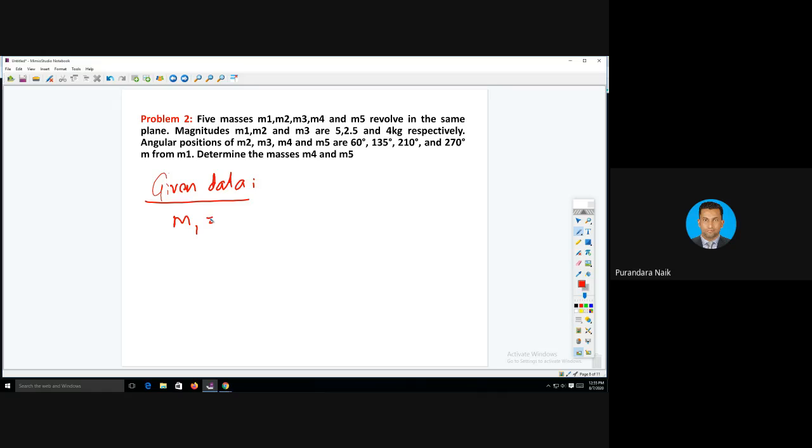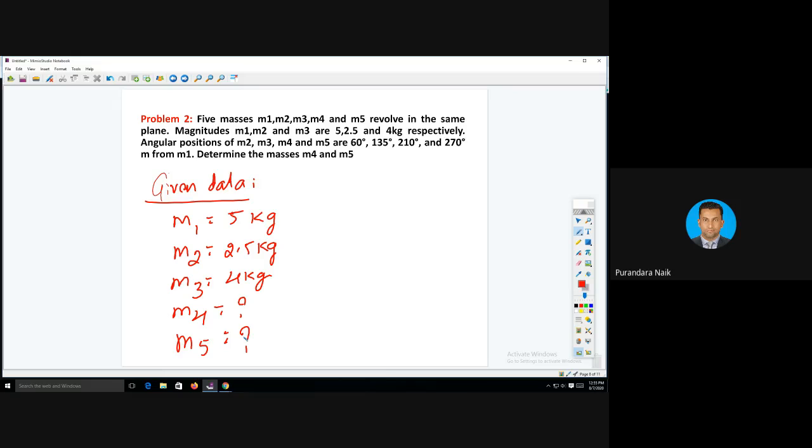M1 is equal to 5 kg. M2 is given. M2 is equal to 2.5 kg. And M3 is equal to 4 kg. But M4 is unknown. M5 is also unknown. And the corresponding radii are not given in the problem.